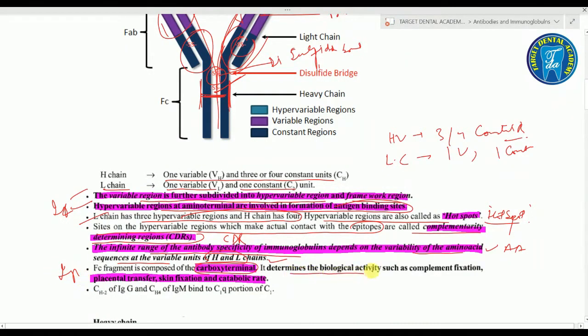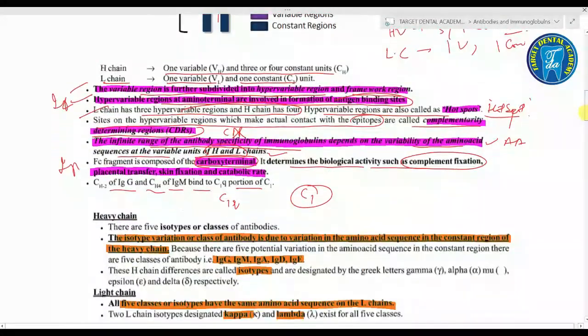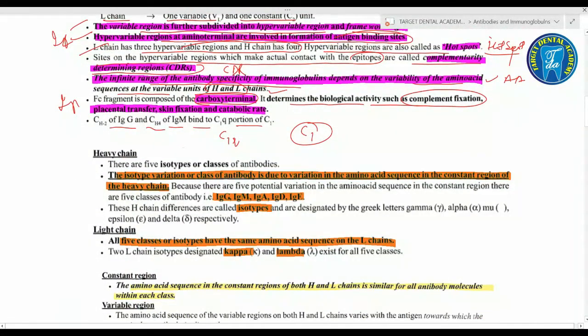It determines biological activity such as complement fixation. The CH2 of IgG and CH4 of IgM bind to the C1q portion of C1.